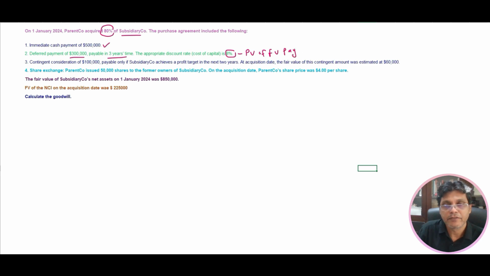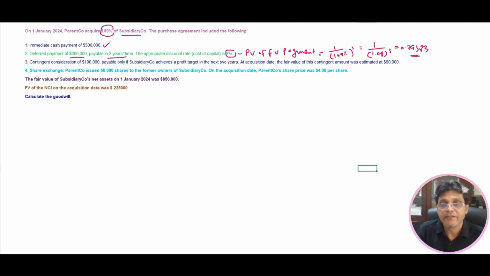So basically we need to apply the formula: 1 divided by 1 plus 8% to the power 3. So basically that will be 1 divided by 1.08 to the power 3. When you calculate that, the amount will be 0.79383. Okay, so this is the discounting factor we need to apply.